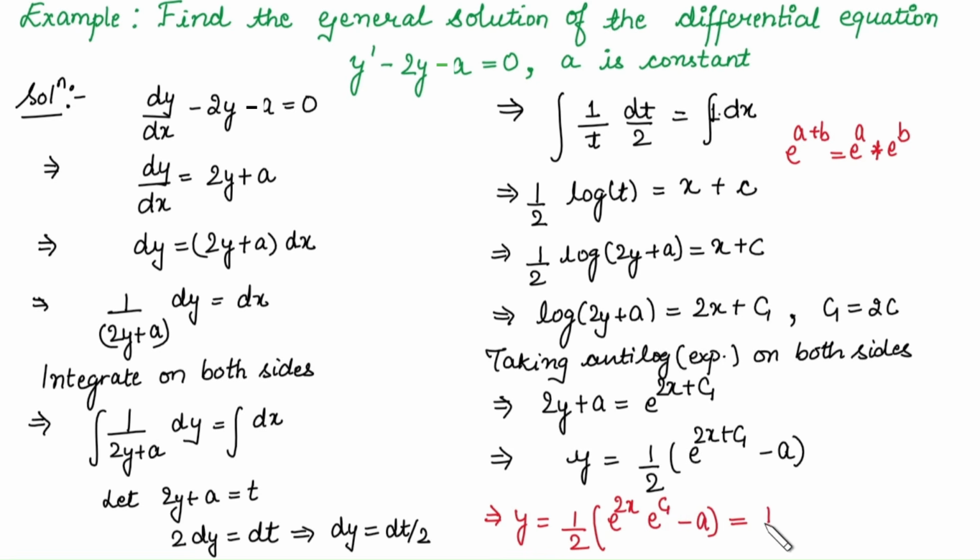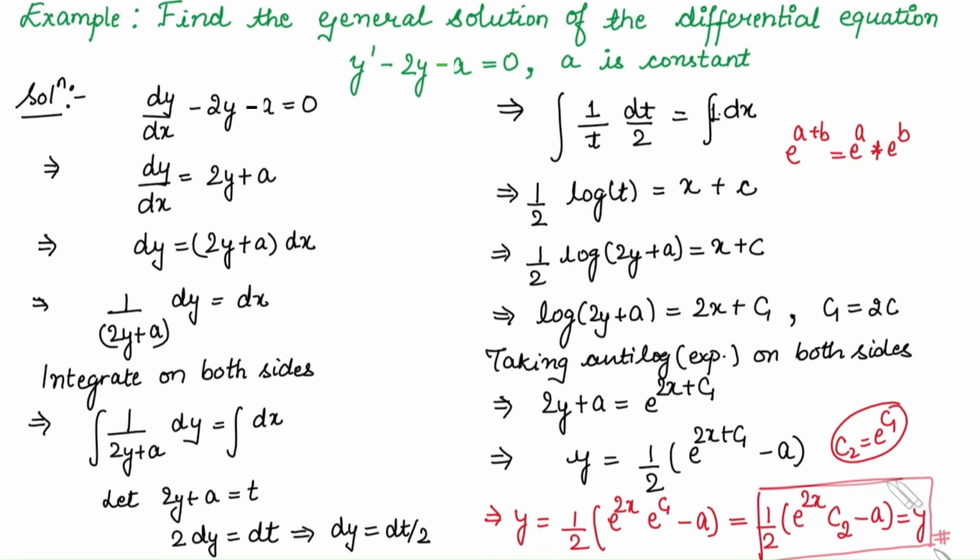So we can write it as 1 by 2 e raised to power 2x into a new constant c2 minus a, where c2 is equal to e raised to power c1. So this is the final general solution in this case.